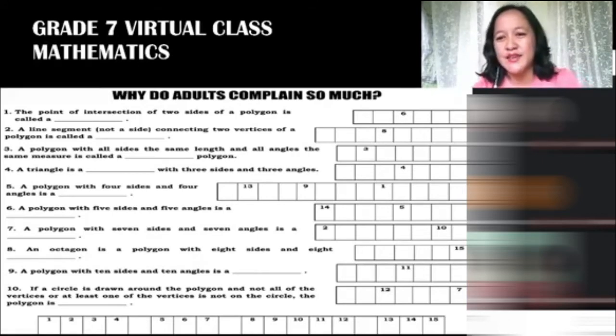Okay, let us answer. So for question number 1, what do you think is the answer to number 1? Point of intersection of 2 sides of a polygon. Yes, April?